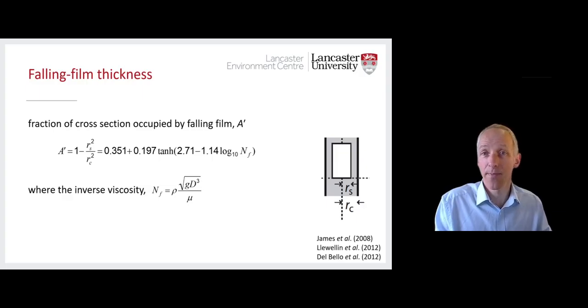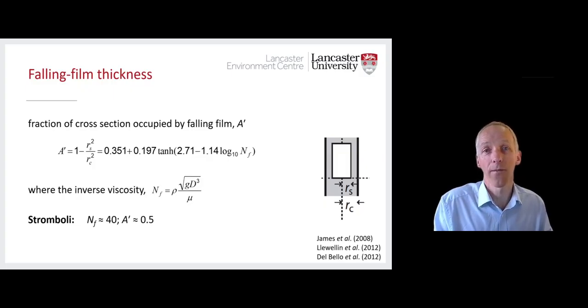Thus, we can estimate A prime from key parameters such as gravity, liquid density and viscosity, and tube diameter. So using parameter values appropriate to Stromboli gives an inverse viscosity of about 40 and A prime of about a half. So approximately half of the conduit cross-sectional area is expected to be filled with a falling liquid film.